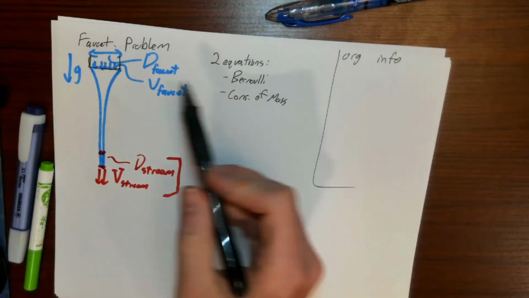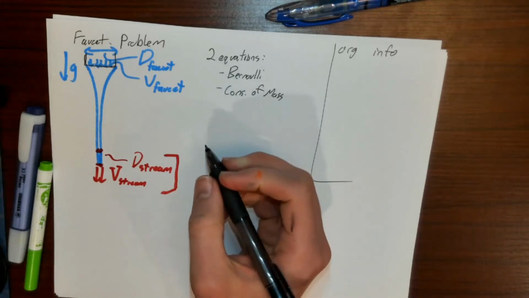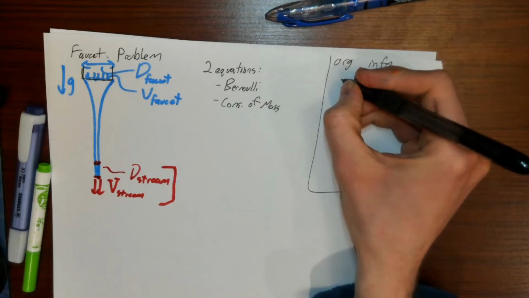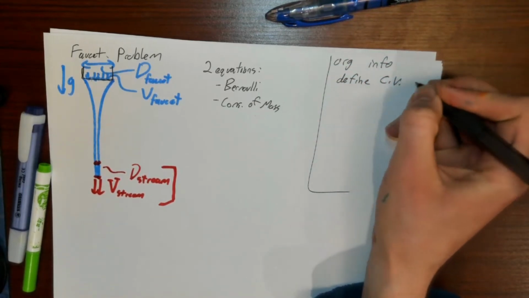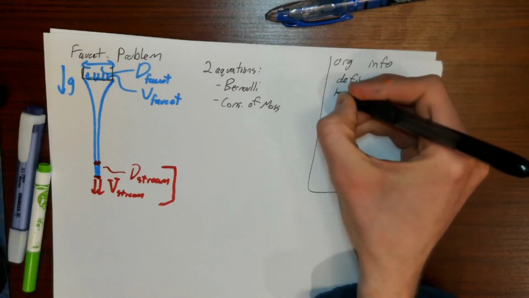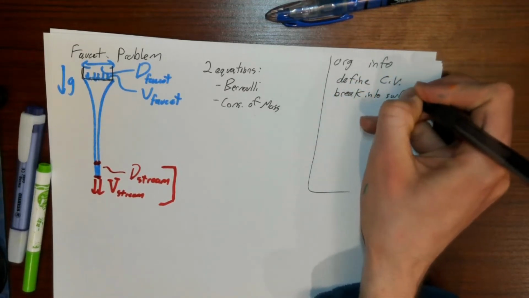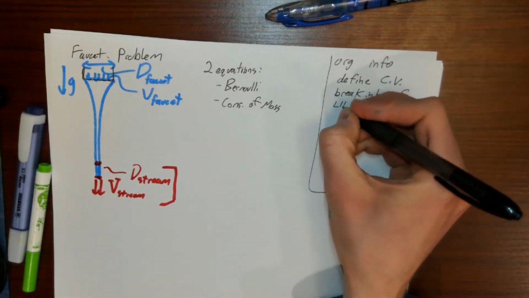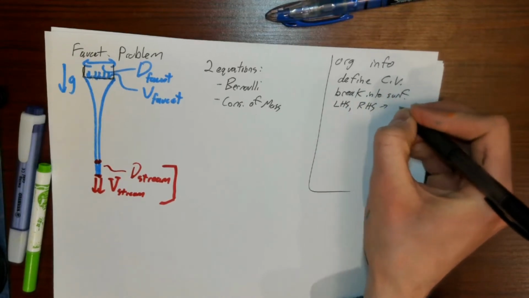So after we organize our problem info and get the start of our problem solving strategy, we're going to need to do conservation of mass. And if we do conservation of mass, we're going to need to define our control volume. We're going to need to break it up into surfaces, and then we're going to need to deal with the left-hand side. We're going to need to deal with the right-hand side, which includes integrals.